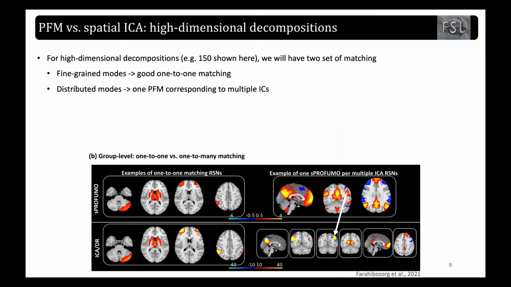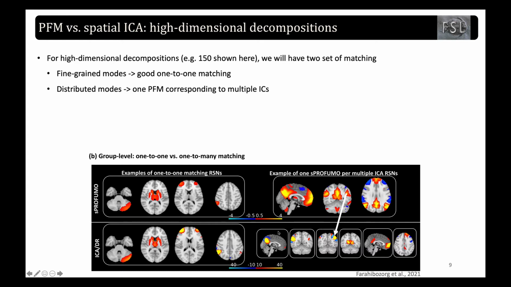This is really interesting, and this is a function of the independence constraint that we're enforcing on ICA, where if we're asking ICA to give us 150 components, because components have to be spatially independent of each other, it wouldn't be able to find such a spatially large, extensive component as PFM is identifying here.